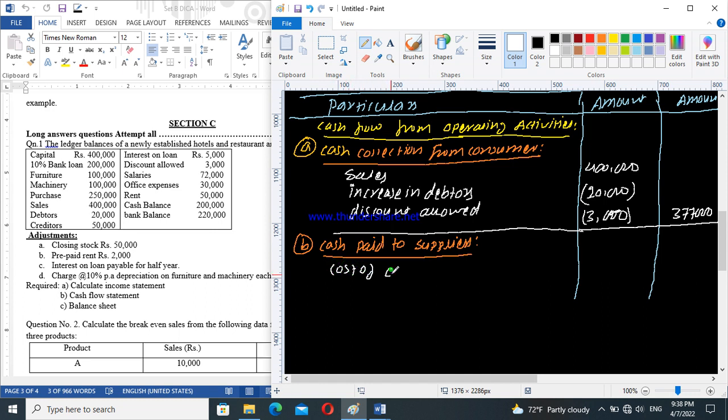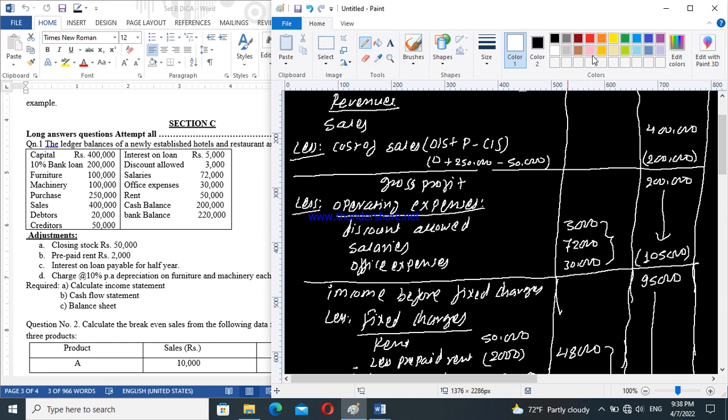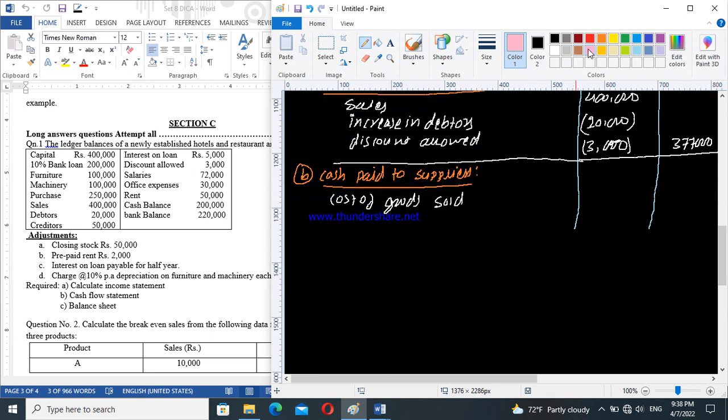Cost of goods sold we already calculated in our income statement. Over here, let's have a look. This one is the cost of goods sold. You can settle it over here. Cost of goods sold 2 lakh.